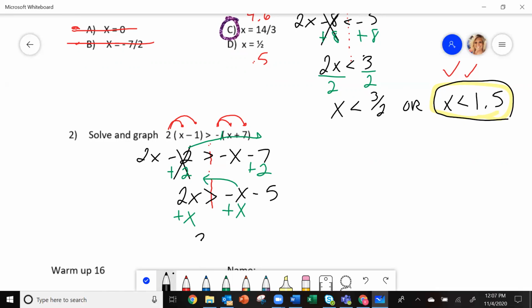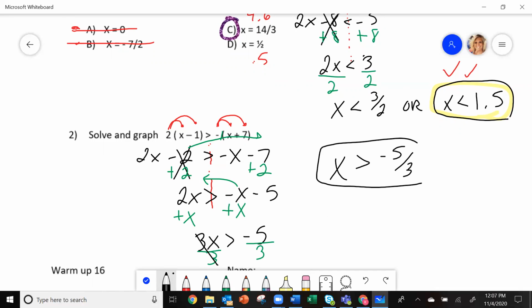And I get 3x is greater than -5. When you divide by 3, these cancel and you get 1x. X is greater than -5/3. This is what your answer should have been.